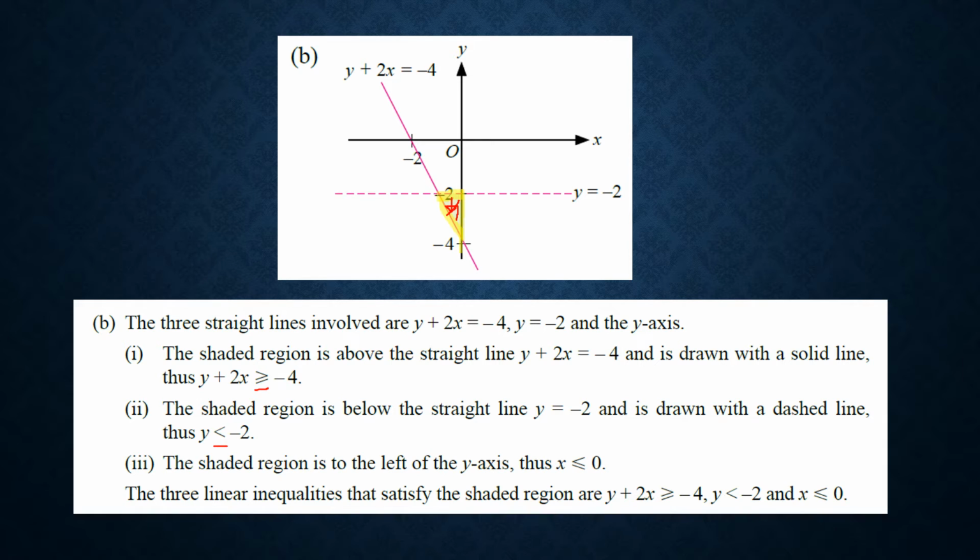It's a dotted line, so don't put the equal sign. Then the y-axis: the region is on the left, so it is less than or equal to 0. So the three linear inequalities that satisfy the shaded region are y plus 2x greater than or equal to -4, y less than -2, and x less than or equal to 0.